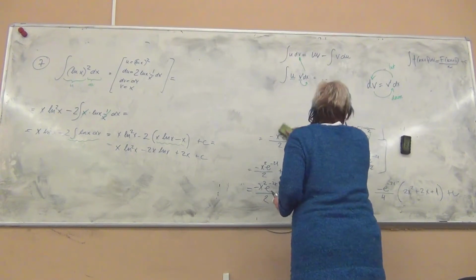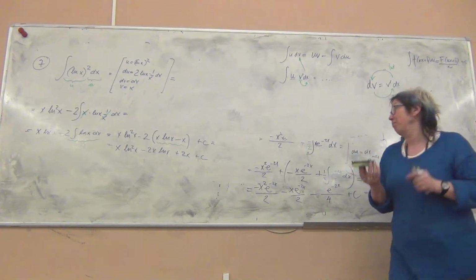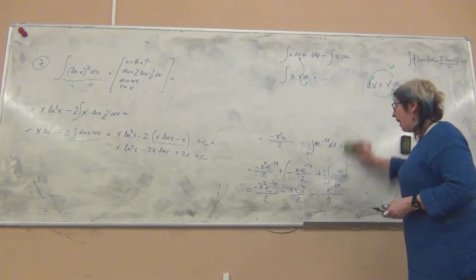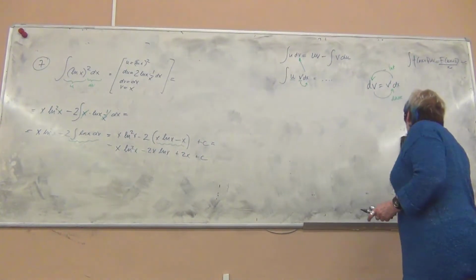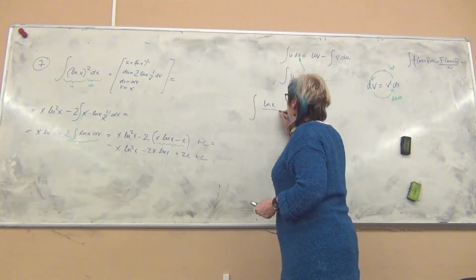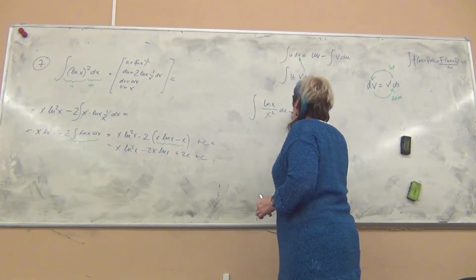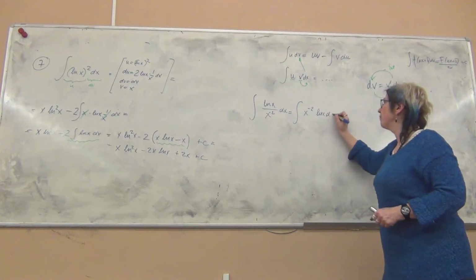It's not so hard if you remember that it's 1 over x squared that has to become v. If you remember that ln x never ever goes into v, then it's easy. So we have ln x divided by x squared dx, which is actually x to the power minus 2 ln x dx.